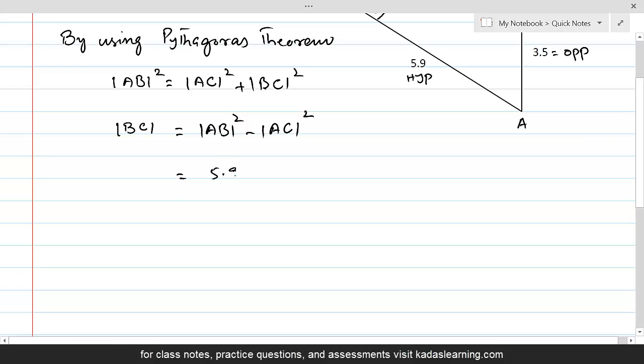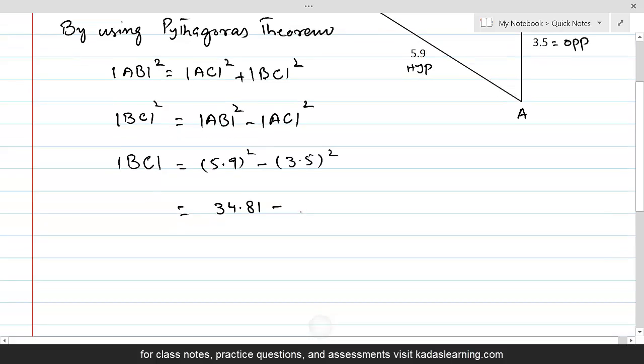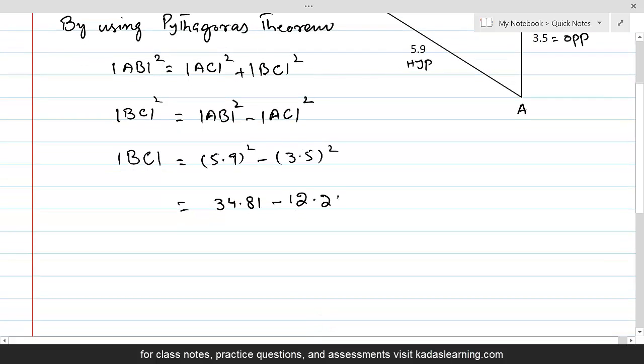Because AC and AB are both given, we can substitute the values: 5.9 square minus 3.5 square, which is BC square. 5.9 square is 34.81, minus 12.25, and on simplification BC square is 22.56.